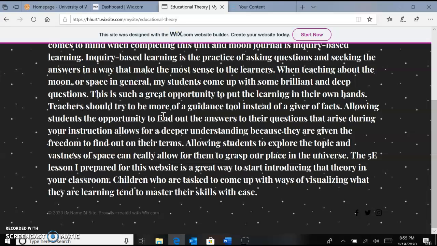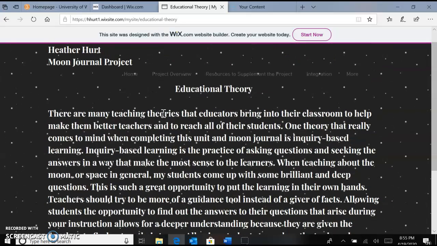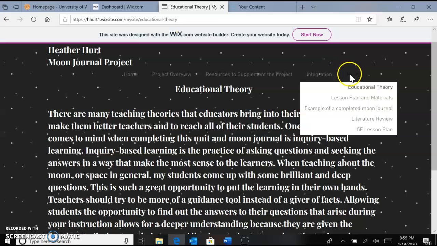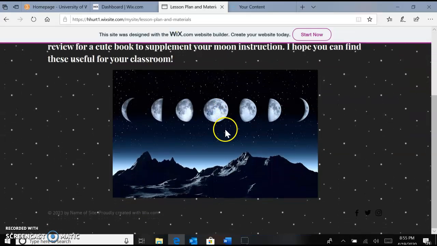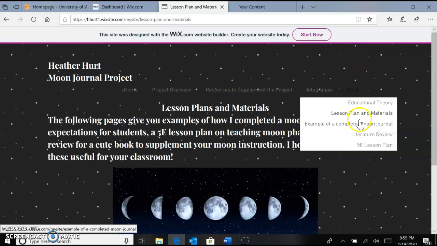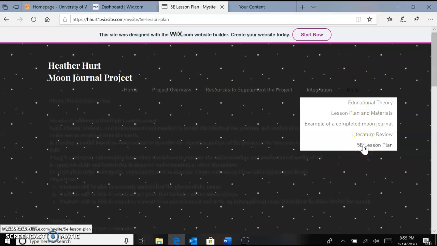And so, I would want them to do projects and do research and come up with the answers to their questions on their own instead of me just telling them, because I feel like it really does help deepen their learning.